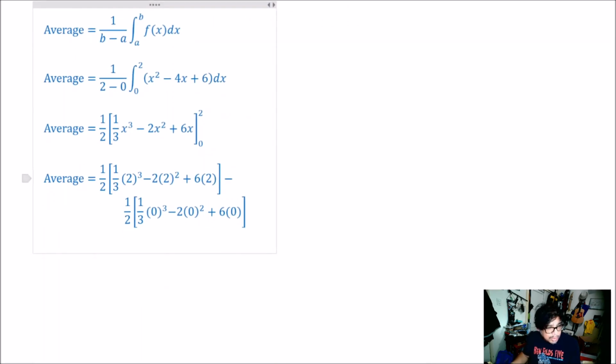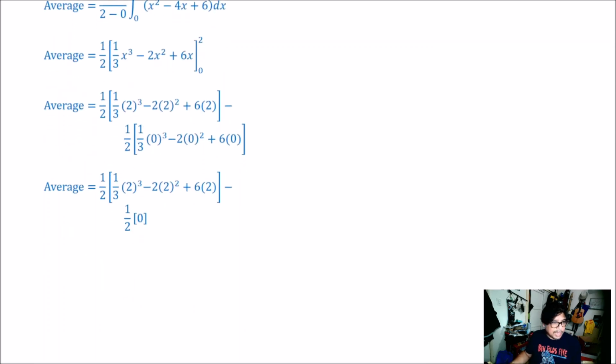I know the second half here is 0 cubed and 0 squared and 6 times 0. That's all equal to 0, which is nice. 2 cubed, that's 8. 2 squared is 4, and of course 2 is 2. Let's do the multiplication. 2 times 4 is 8. 6 times 2 is 12.